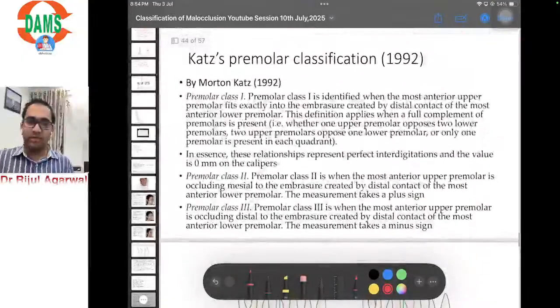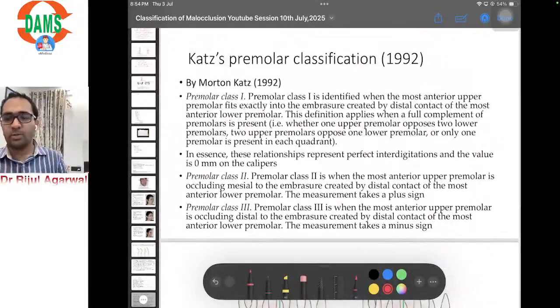Now this is very important. It will take some amount of time for this. The Katz premolar system of classification was given by Morton Katz in 1992. So till now, students, what we were doing was only classifying malocclusion on a qualitative basis, not quantitative. What do I mean by qualitative and quantitative?